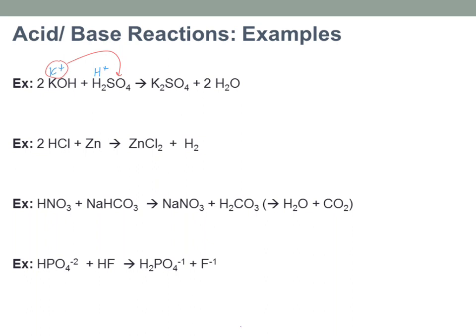Or in other words, is my H+ now with the hydroxide? And if I look over here, sure enough, my K+ is now with the sulfate, so I did switch those. And if I look at the other thing, again, I made water. Now my H+ is with OH-, so now I have water. So this would, in fact, be an acid-base reaction.